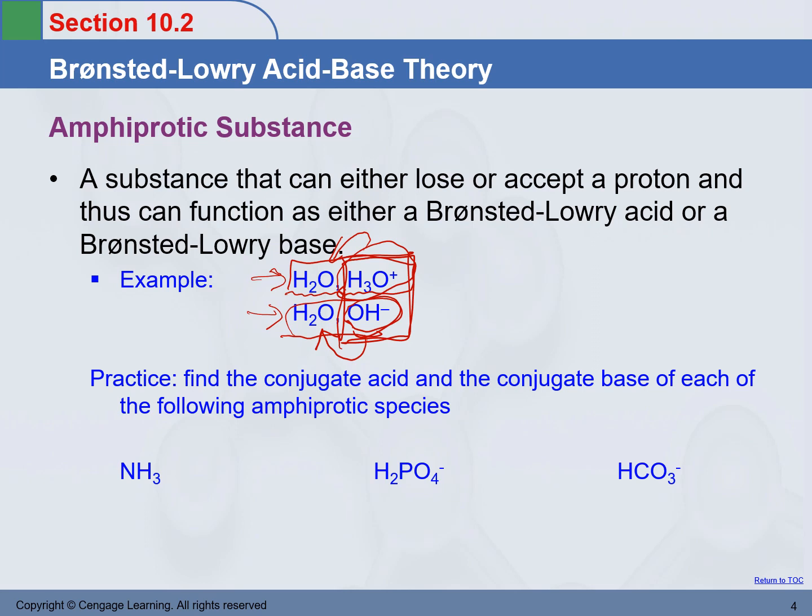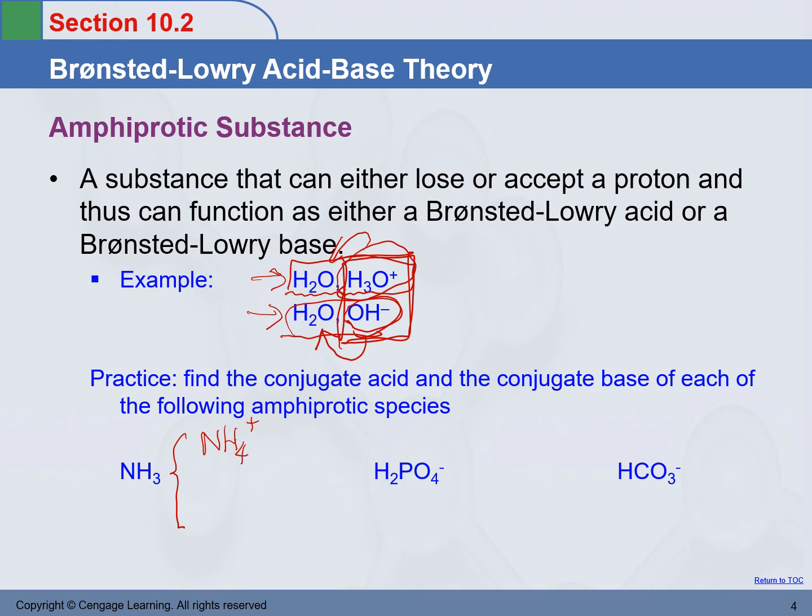You can do the rest by yourself. To find the conjugate acid of it, you add a proton to it. NH3 add a proton, you add 1 more H, it becomes 4. A proton is positively charged, add a positive charge to it. That's the conjugate acid of ammonia.